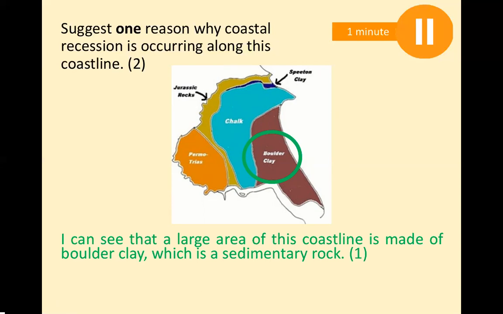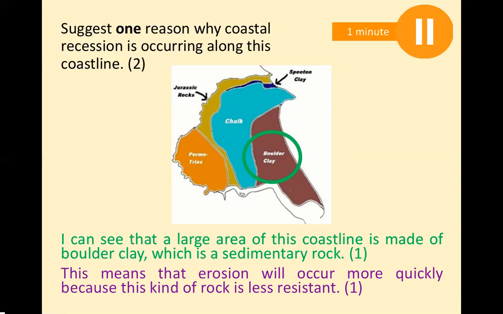Going to help you answer that suggest question. To then develop that and explain what that means in relation to coastal recession, use the sentence starter "this means that". So a suggest question is similar to an explain question, but you're just simply making the point of your answer the evidence that you can see in the figure. So let's have a go. Let's read through this.